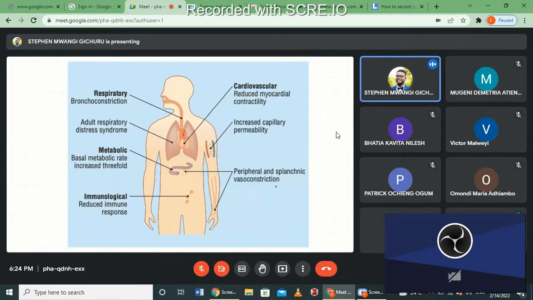This is what I was telling you about chemical changes. There's also fluid loss. For every total body surface area that is lost, there's a certain amount of fluid that can be lost, and we'll talk about this later on. Because you have increased permeability, vasoconstriction peripherally and in the visceral blood vessels, and reduced contractility, you're going to get systemic hypotension.